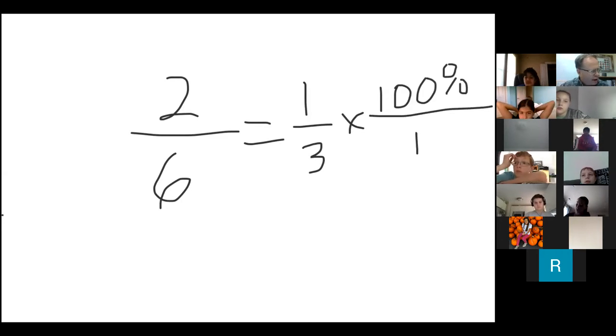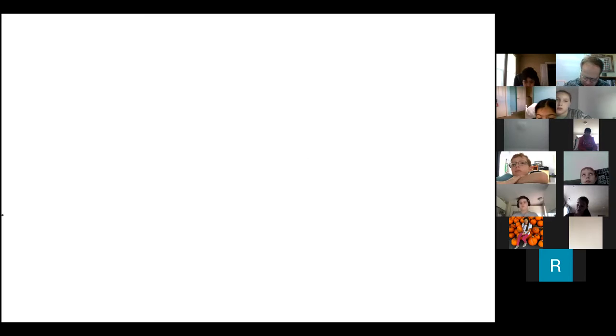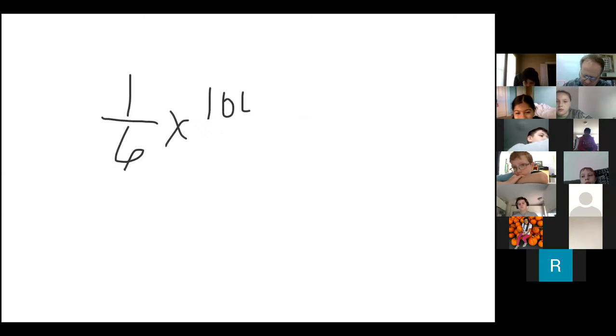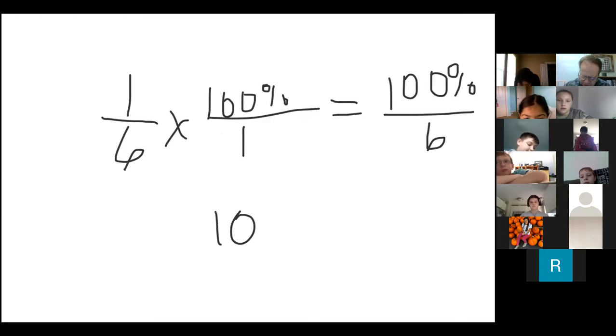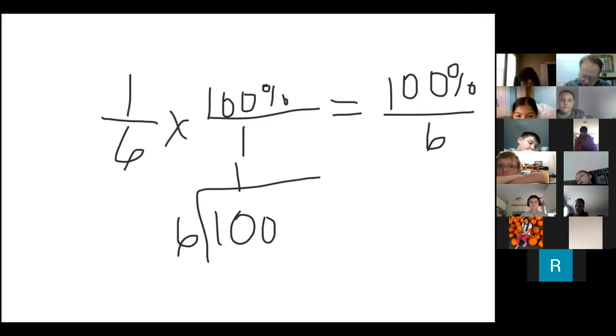So on that one, it's 1 out of 6 for your probability. So to do that, you have to multiply by 100%. So you would get 1 out of 6 times 100% over 1, which equals 100% over 6. You take your 100% and divide it by 6. 6 goes into 10 one time.